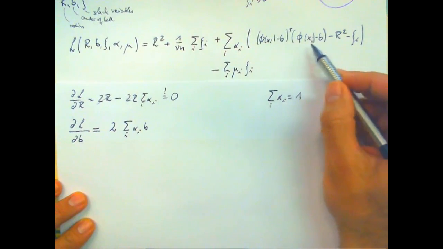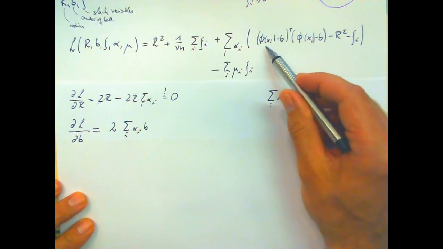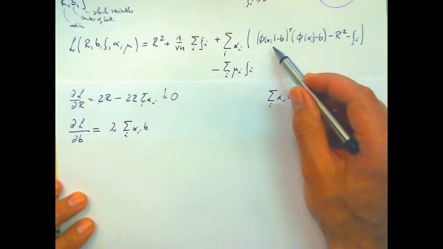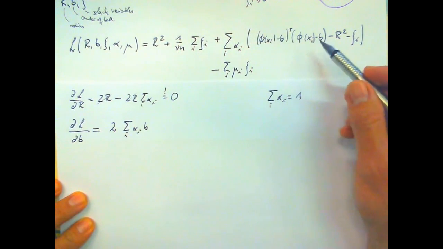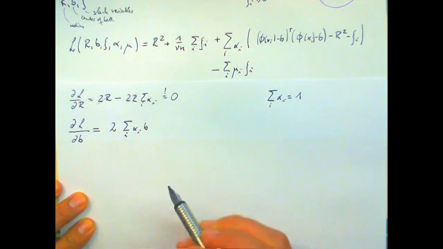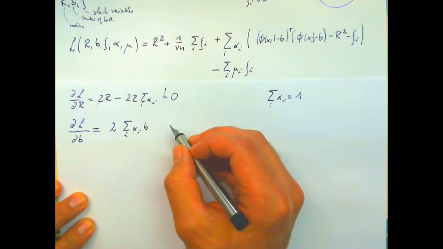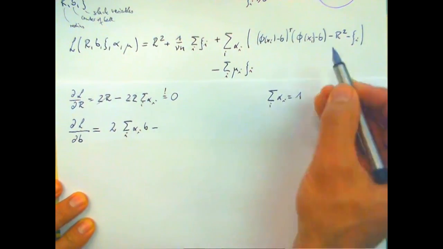And then I have a mixed term of 2 times the phi and the B, which leaves me, note the negative sign here.